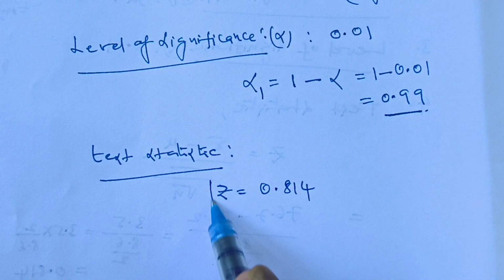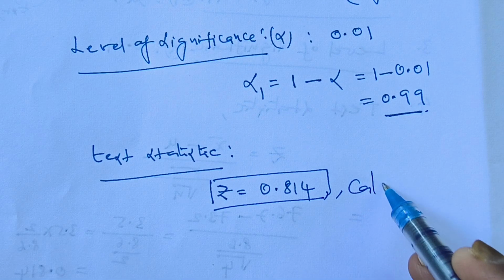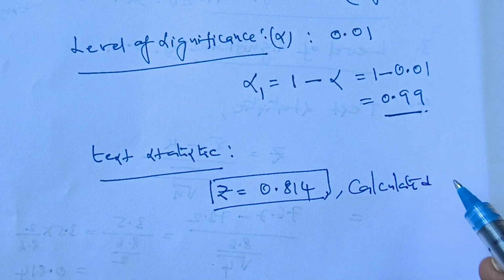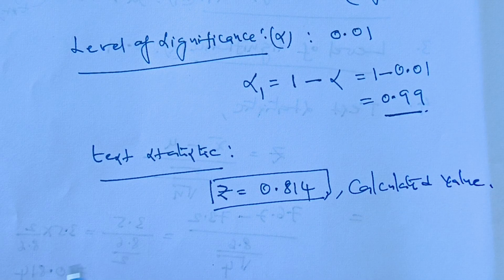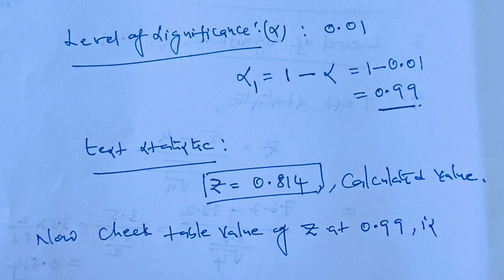All steps are the same as in the above process. It is the calculated value, but the only difference is the level of significance, which can be calculated in another way here.